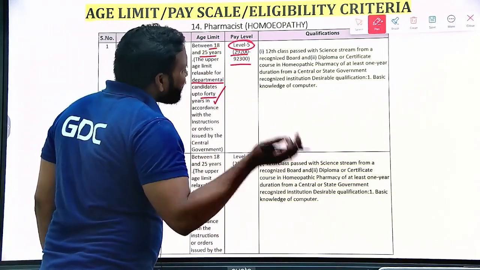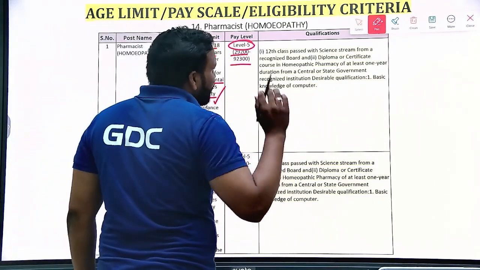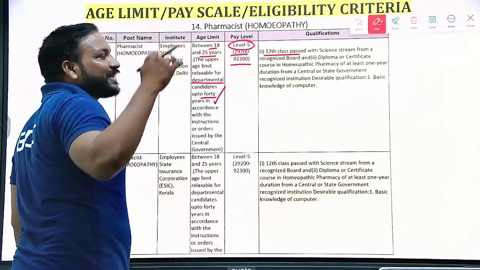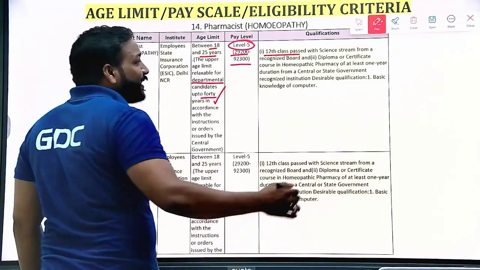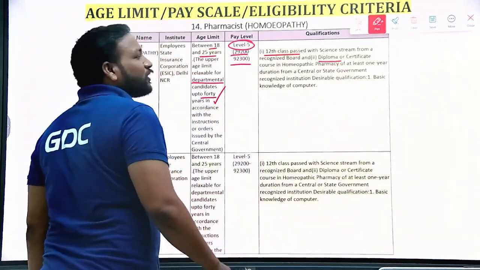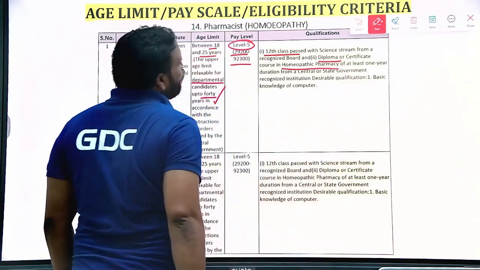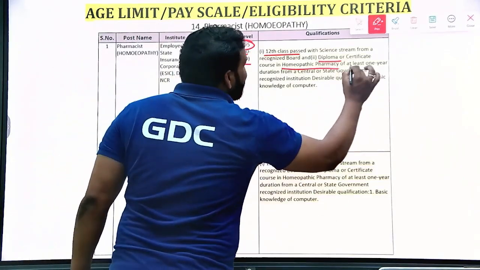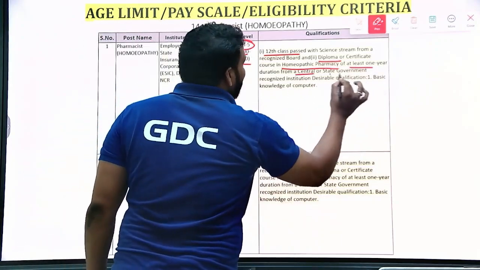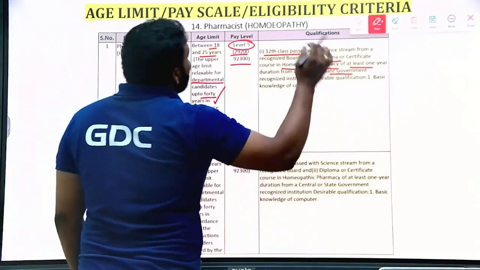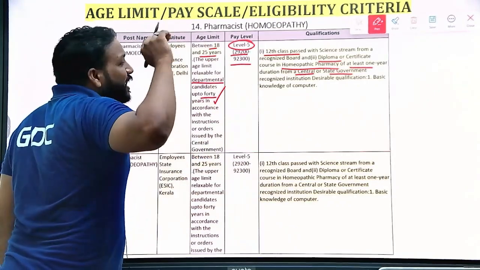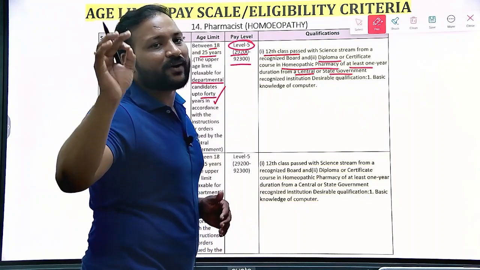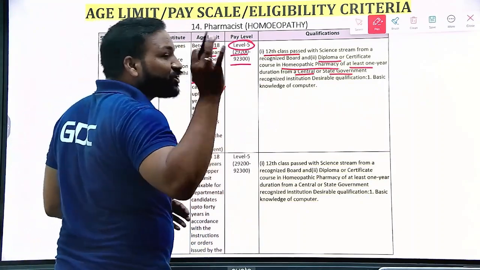Coming to the qualification, he should have a minimum 12th class pass with the science stream from a recognized board, or otherwise a diploma or certificate course in homeopathic pharmacy. He should complete his diploma in homeopathic pharmacy of at least 1 year duration from a central or state government recognized institution.